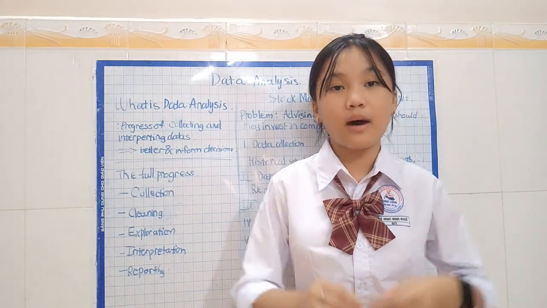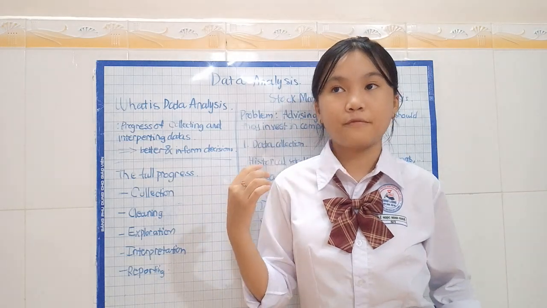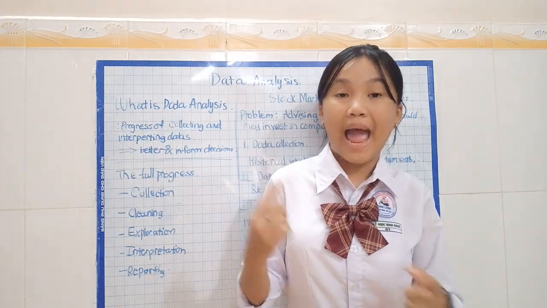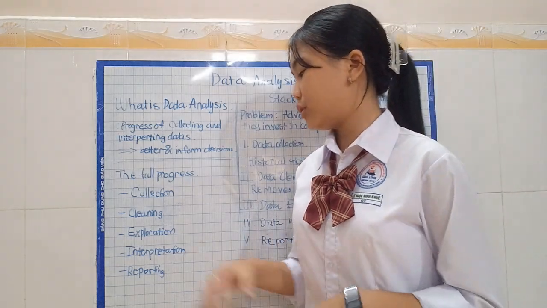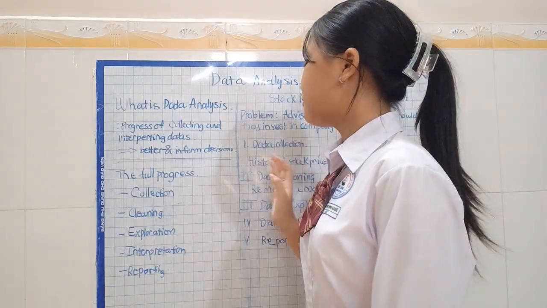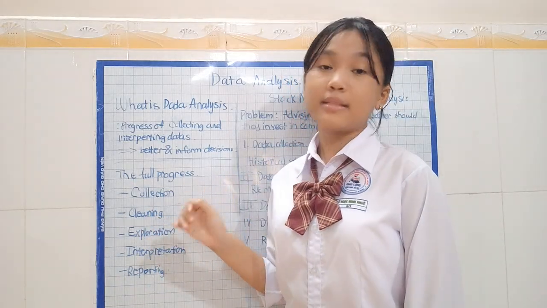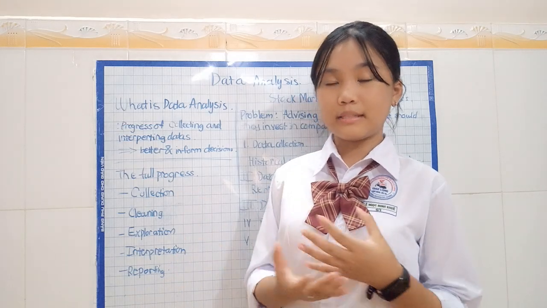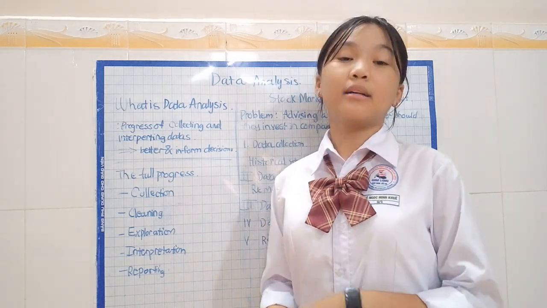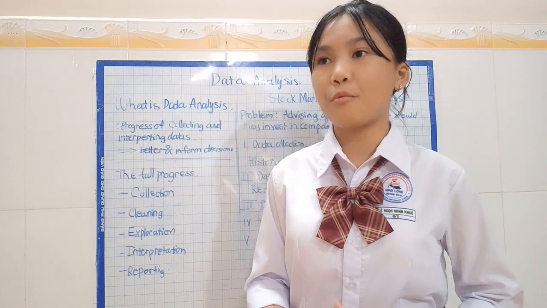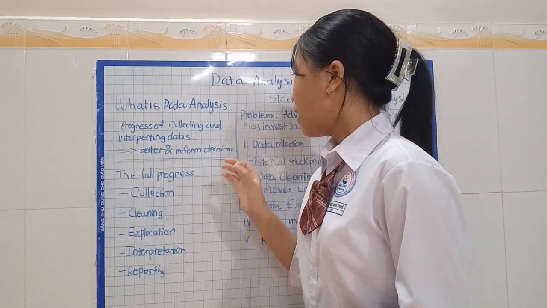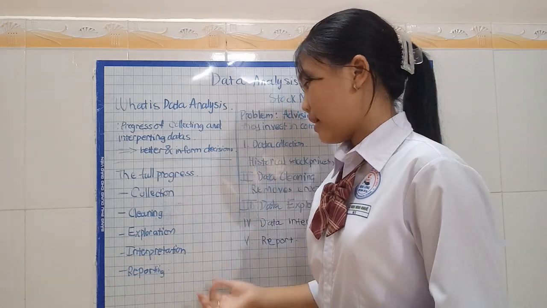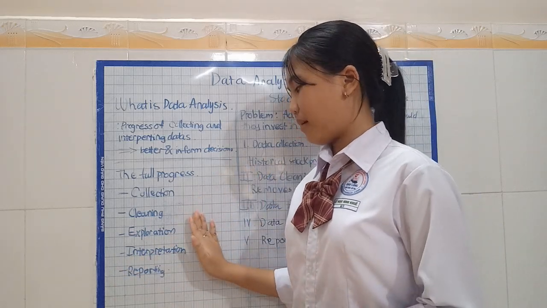Exploration basically means that in this step we are going to find out the patterns or the changes that occurred over time in our data. This step is really important because it leads us to the other steps of interpretation and to correct and accurate data. So that is our exploration part.